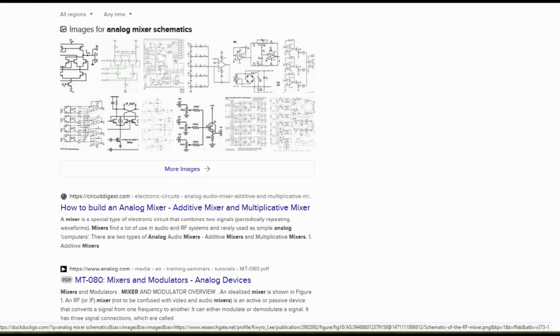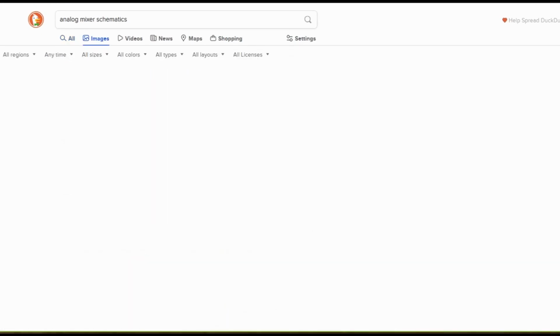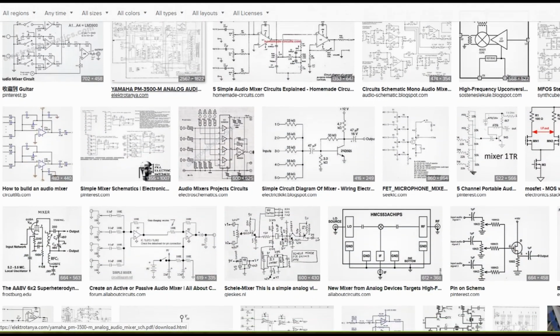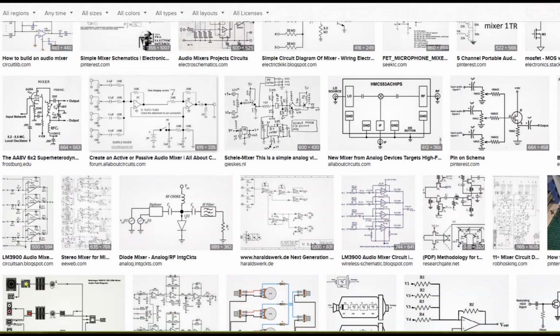Okay, total system reset. Now was the time to investigate how other people do things in the professional audio mixers. So I went out on the internet and I looked for schematics of existing analog mixers. And to my surprise, they don't actually indicate RMS value.